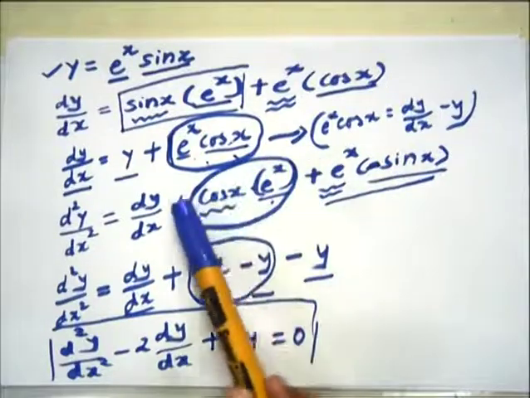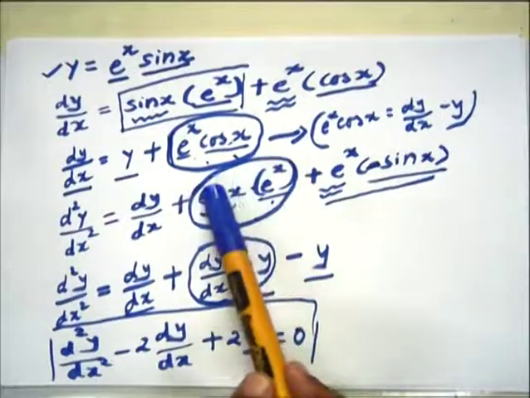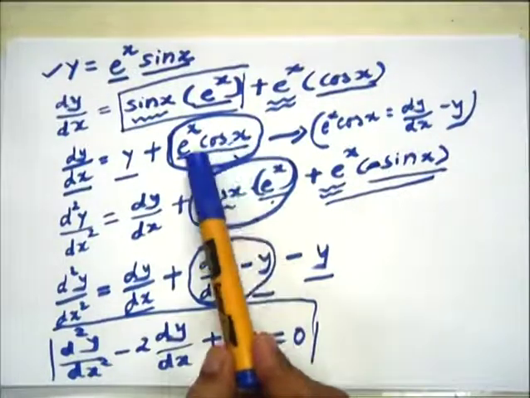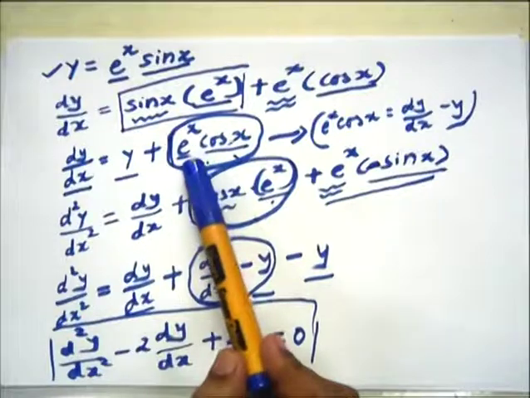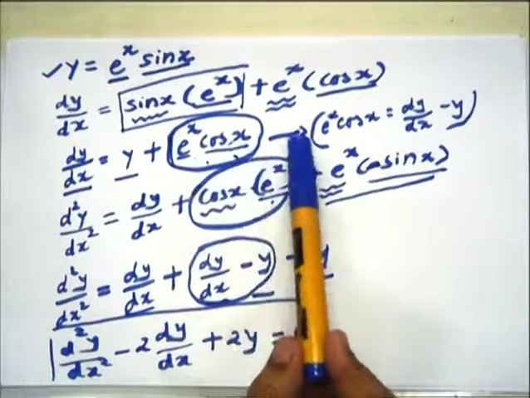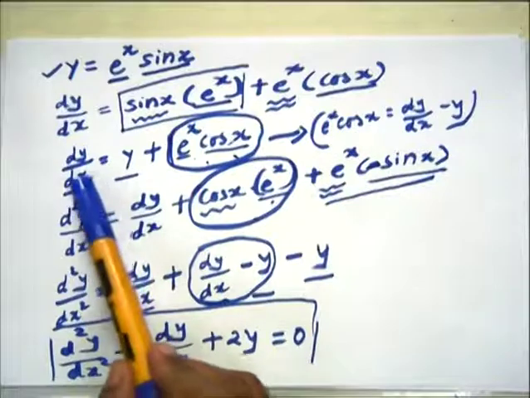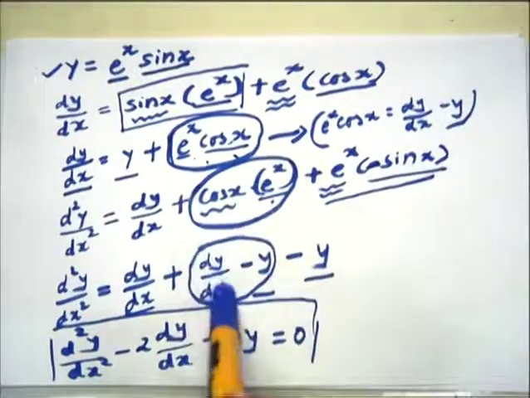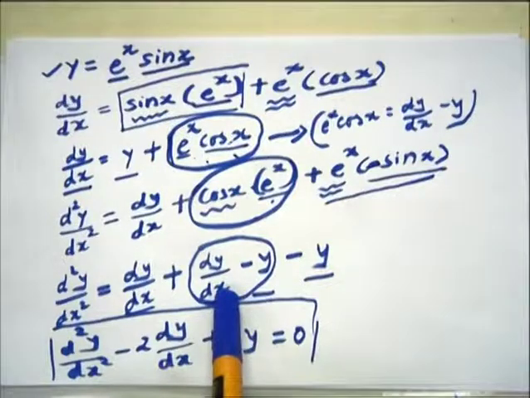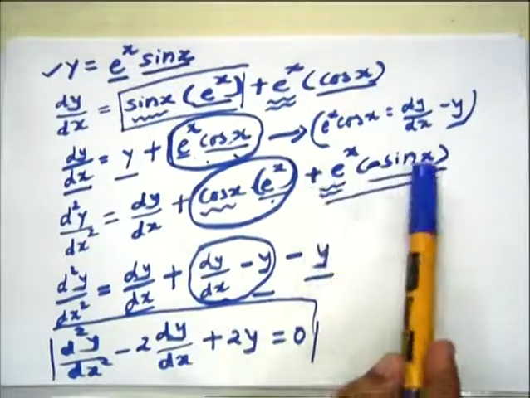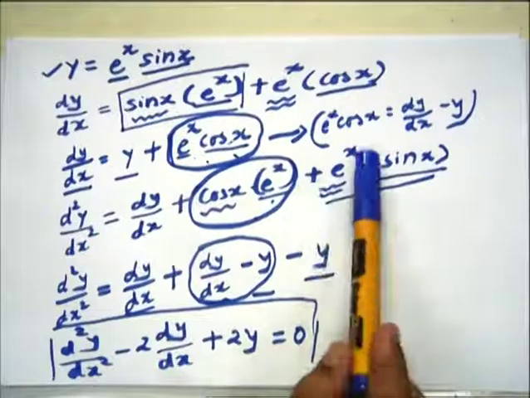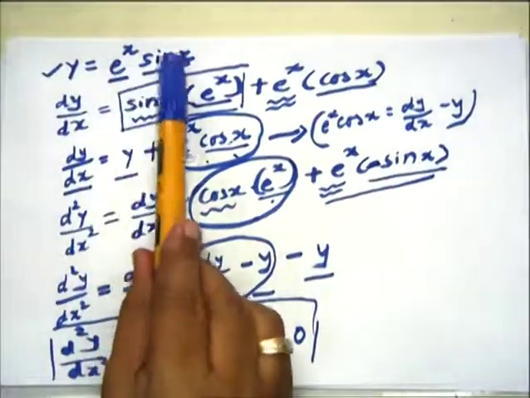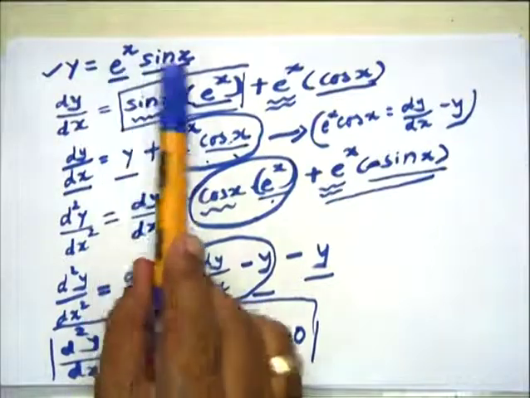Now this e raised to x into cos x can be replaced by the value which we have here, and for this e raised to x cos x we get the value dy by dx minus y, that we have replaced here in the equation. And this is minus y because it is minus e raised to x sin x, and y is equal to e raised to x into sin x, so it is minus y.